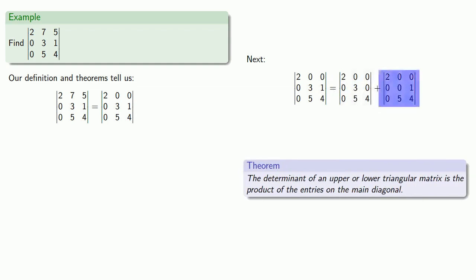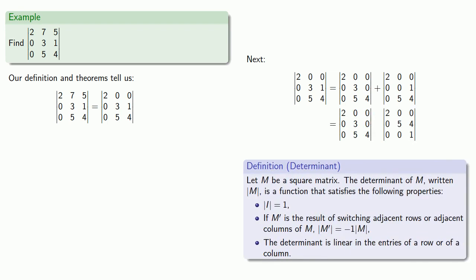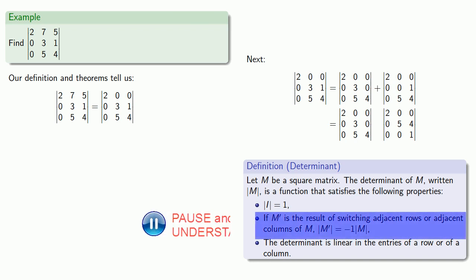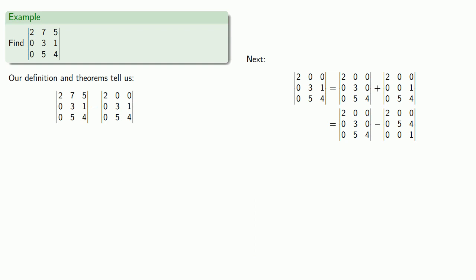The second matrix isn't a lower triangular matrix, but if we switch the second and third rows, it becomes a triangular matrix. And if we switch adjacent rows, that's going to change the sign of the determinant. So that means we'll be subtracting the determinant of this matrix. And so our determinant is going to be the difference between the determinants of 2 triangular matrices, which we can compute, and we get our determinant.